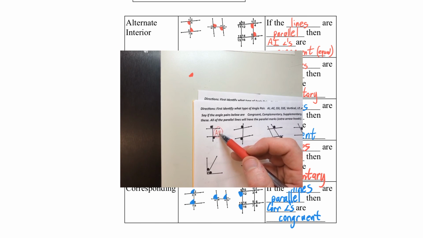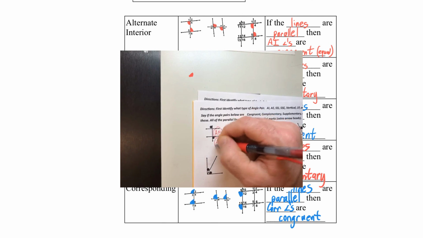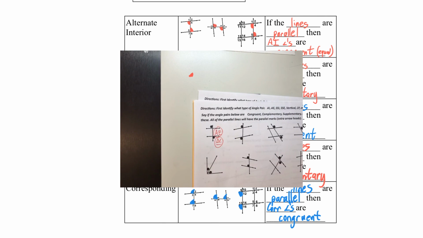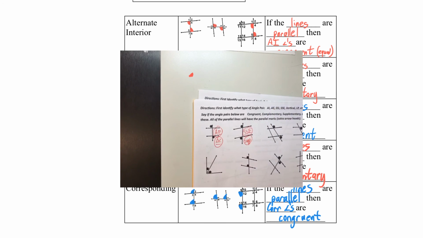What did we say about alternate exterior angles? They are congruent. So you can just put the congruent symbol on there like that. Okay? You can abbreviate on all this. So on this, what type of angle pair are these two? Same side exterior. And if the lines are parallel like these are, what do we know about same side exterior? They're supplementary. So you can abbreviate that as just SUPP.